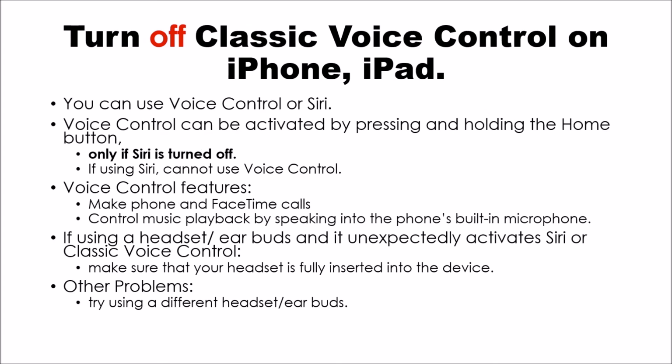Now, voice control and Siri are different, okay? And you can use voice control and activate it by pressing the home button, but Siri has to be turned off. If you're using Siri, you cannot use voice control. You can make phone calls with voice control.